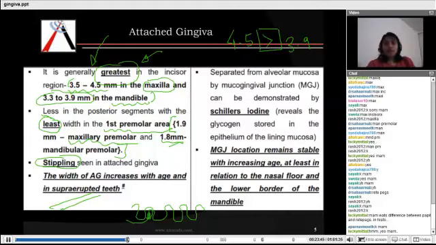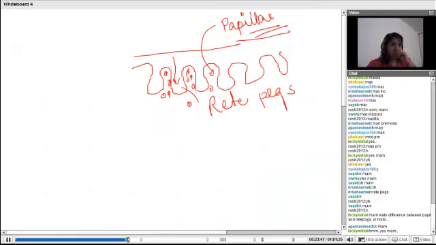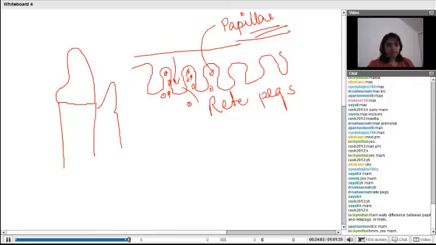Now I was talking about width of attached gingiva increasing with age. We had been seeing the free gingival groove, and after that the attached gingiva. Now let me tell you one thing.